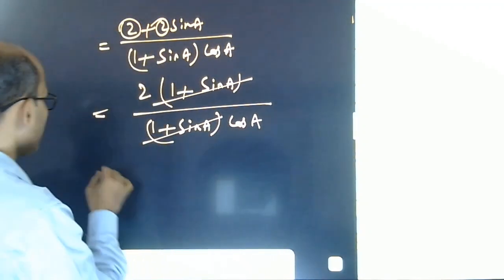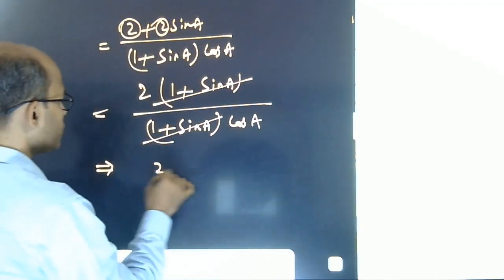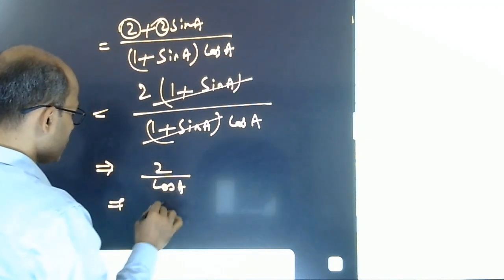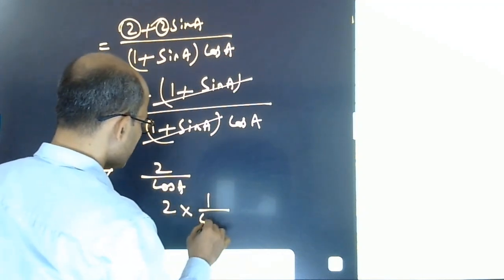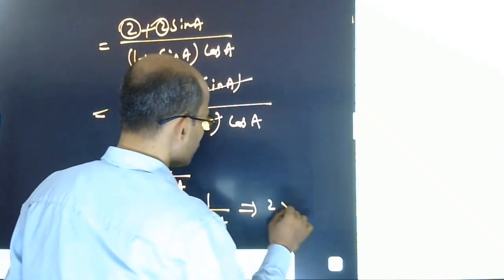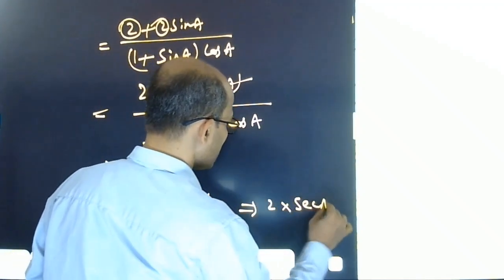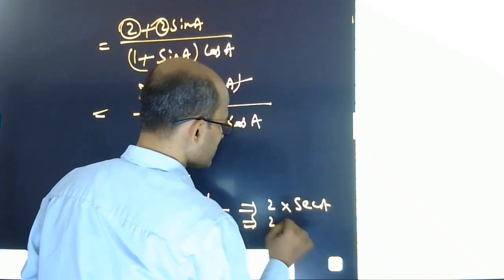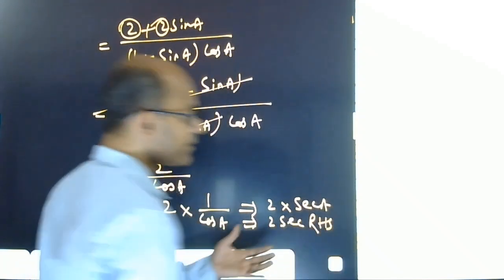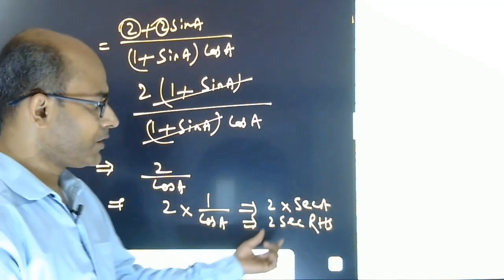And what we have got is 2 upon cos A, which can be written as 2 into 1 by cos A. What is the value of 1 by cos A? Sec A. So 2 into sec A, and this was the result required for the RHS. So we have proved our RHS, that it should be 2 sec A.